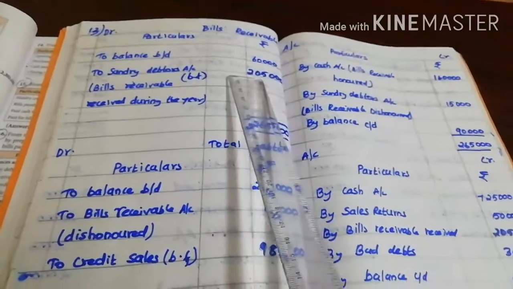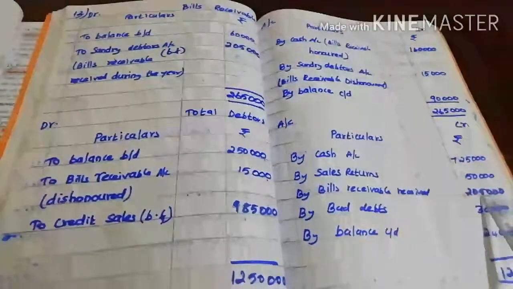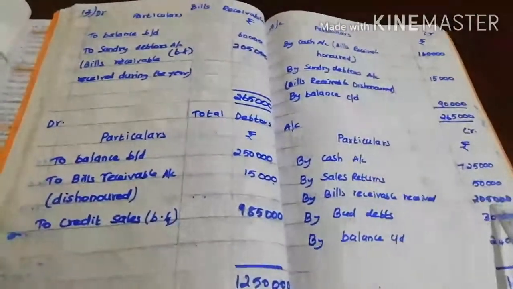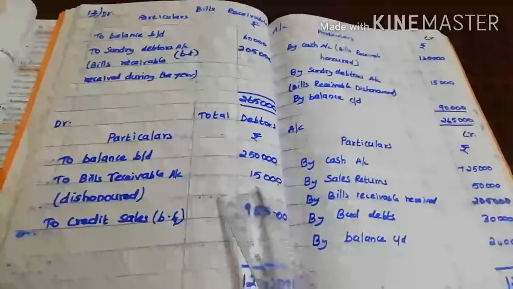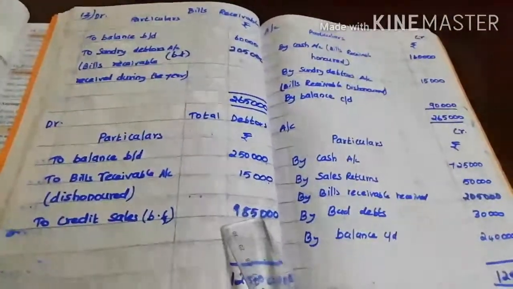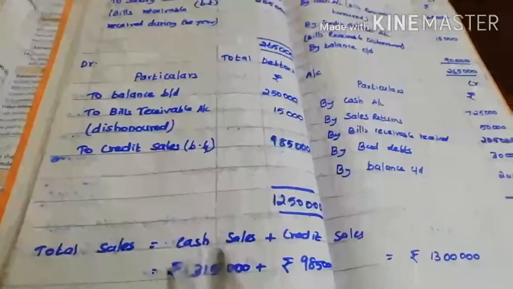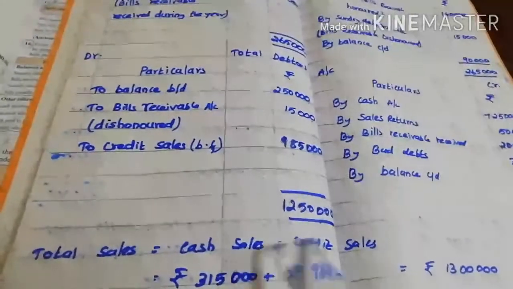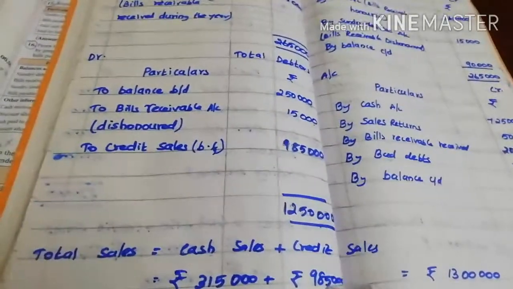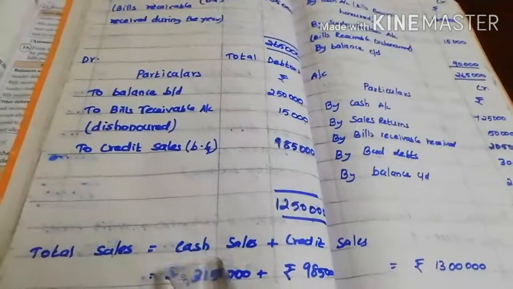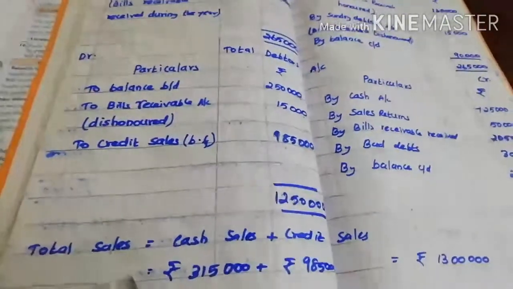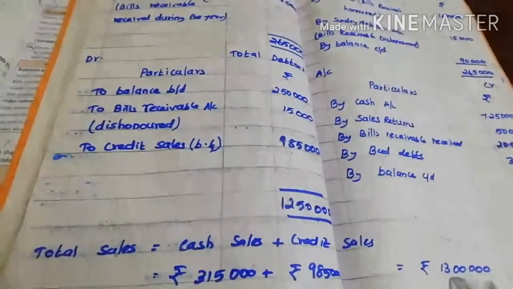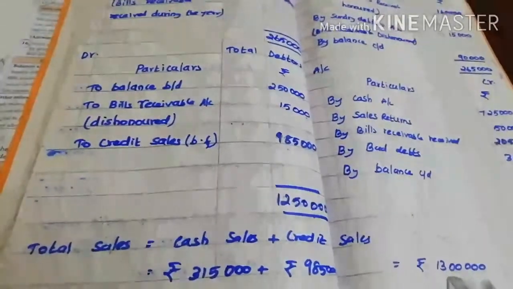That should be taken to the debtors account on the credit side. Then we find the credit sales. Cash sales is already given, credit sale is not given. If we add the cash sales and the credit sale, we get a total of rupees 13 lakhs as the total sales.